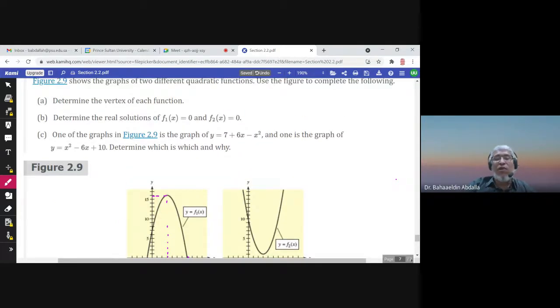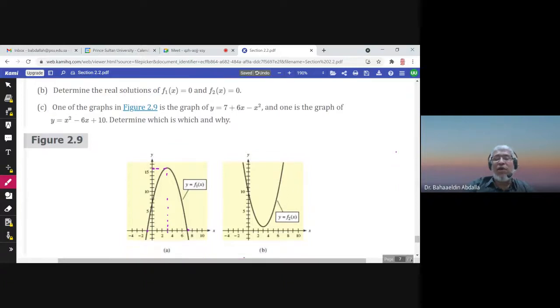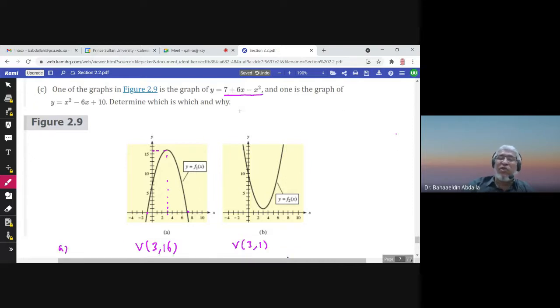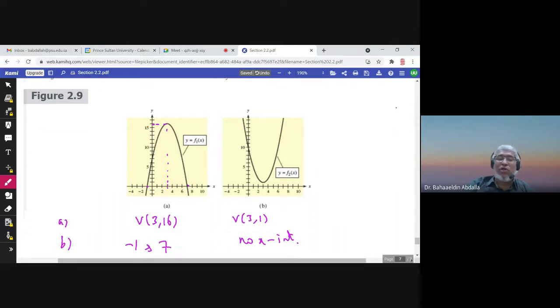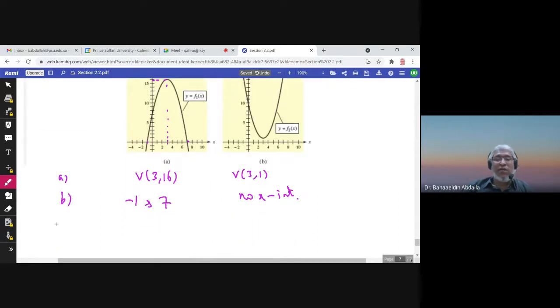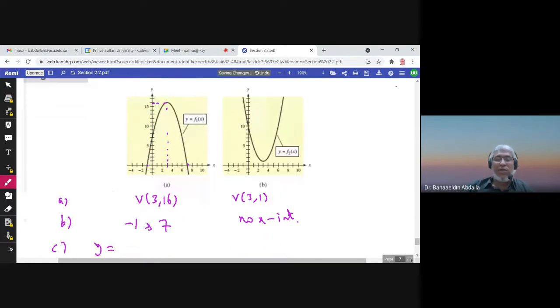One of the graphs is the graph of y equals this, and the other is this one. Determine which is which and why. Well, here a is negative, so it should open downwards. So this graph is the graph of y equals 7 plus 6x minus x squared because it opens downwards.